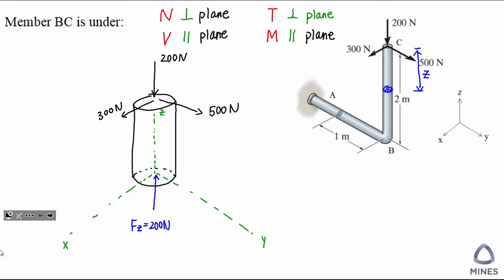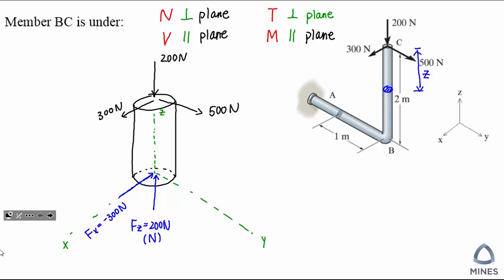Now is this force going to be called a normal force or a shear force? Take a look here. You can see this force is perpendicular to your cutting plane, which means this is a normal force. Then let's move to the other forces. We have a force in the x direction.